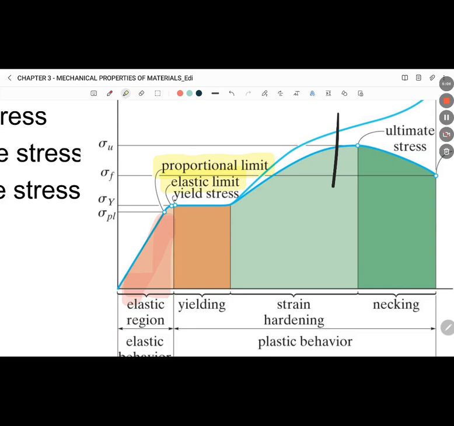However, if it exceeds the yield stress, the yield point over here, then when you remove the stress, it will not move back to its original shape.